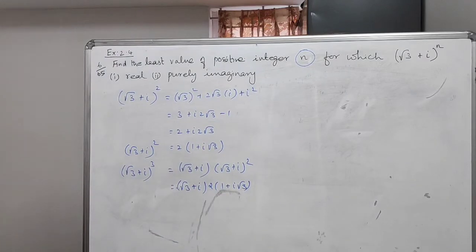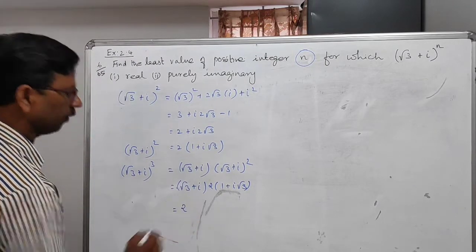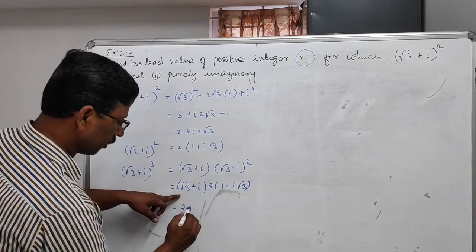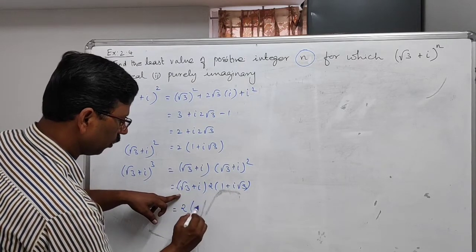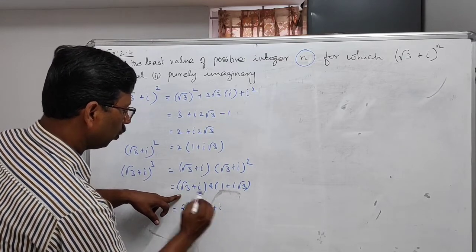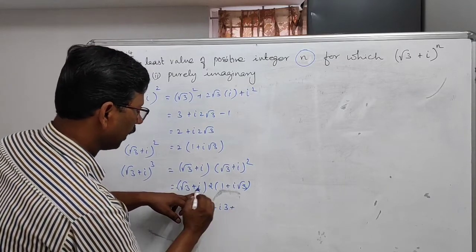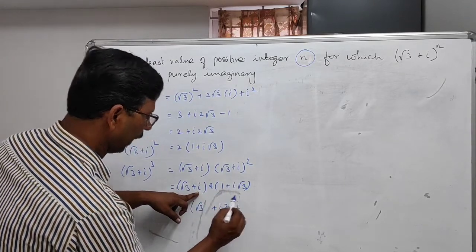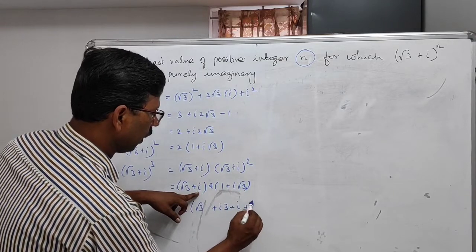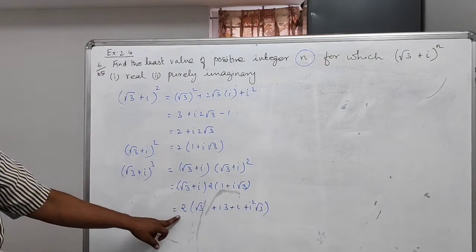Now you multiply these two things. Just take this 2 outside. Then you multiply these two: root 3 into 1 is root 3, then plus i into root 3 into root 3 is 3i, then plus i into 1 equal to i, then plus i square root 3.